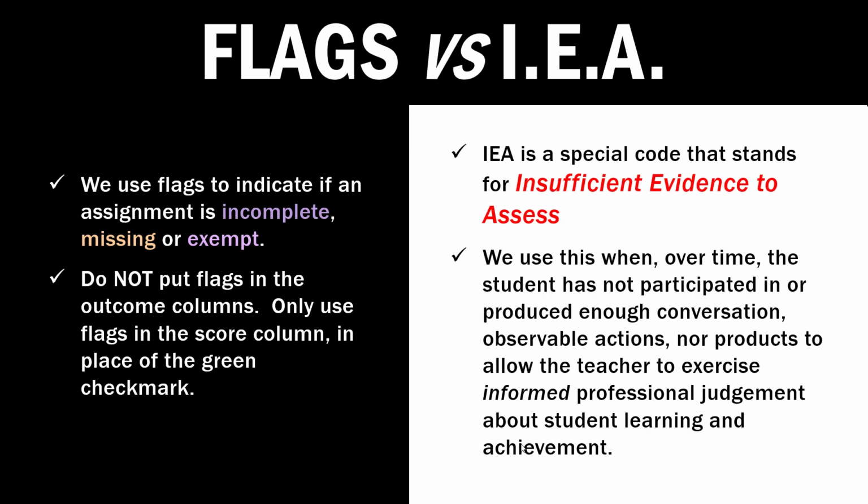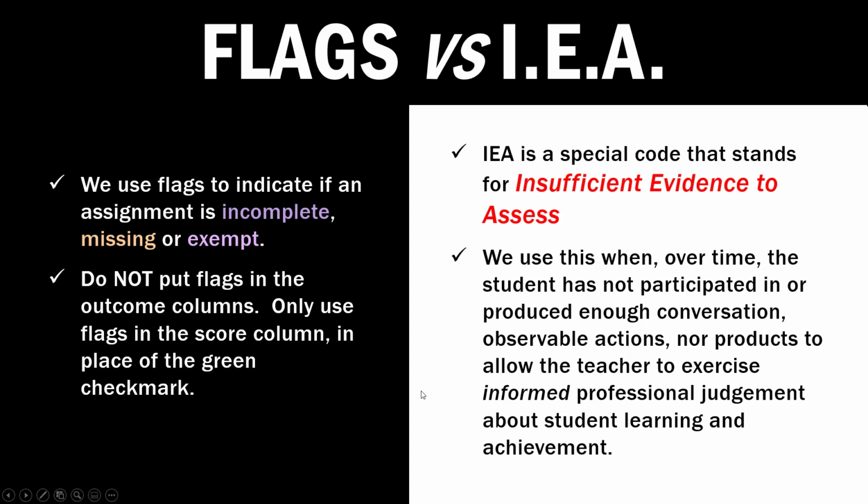If your teachers are unsure of how to use a flag versus IEA, or insufficient evidence to assess, the IEA is a code that was clearly needed during our initial COVID lockdown beginning in March 2020, and this is to be used over time. Flags, we use those all the time.